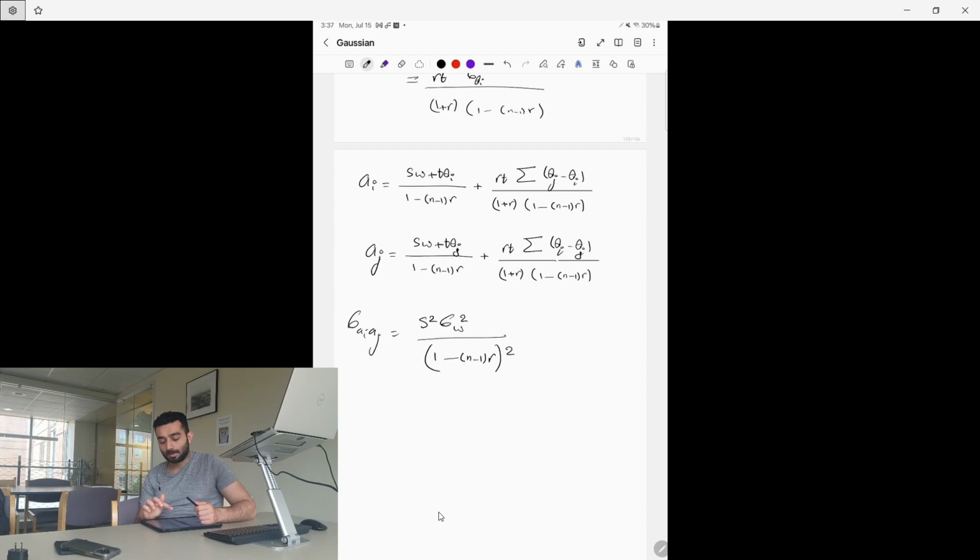That theta I has 1 theta I in the sigma, so it has plus RT squared sigma theta I squared over 1 plus r times 1 minus n minus 1 r squared. Then what?